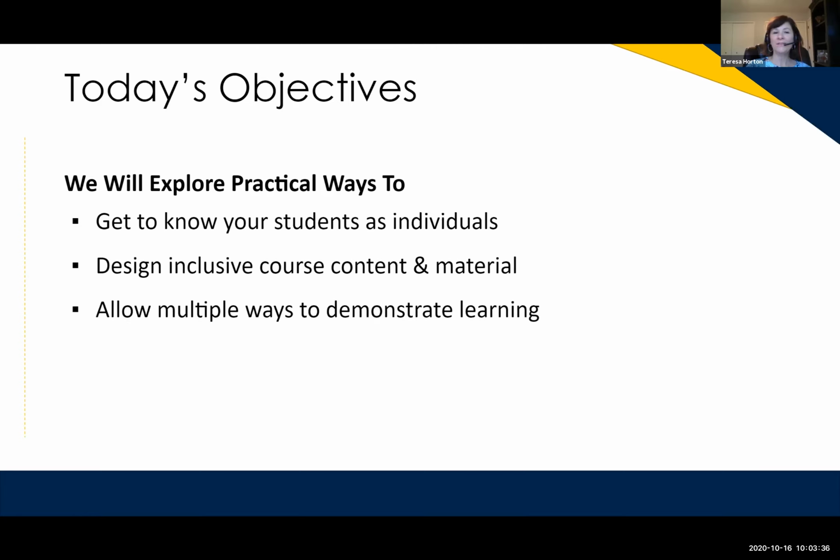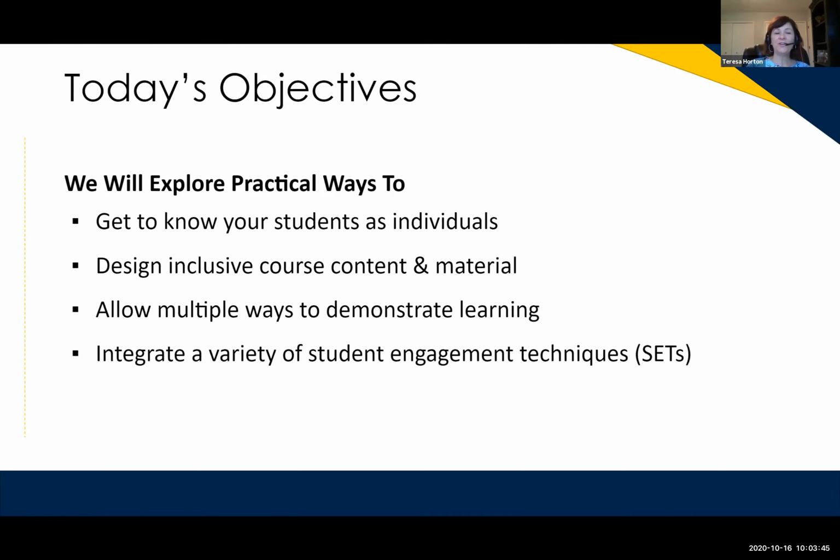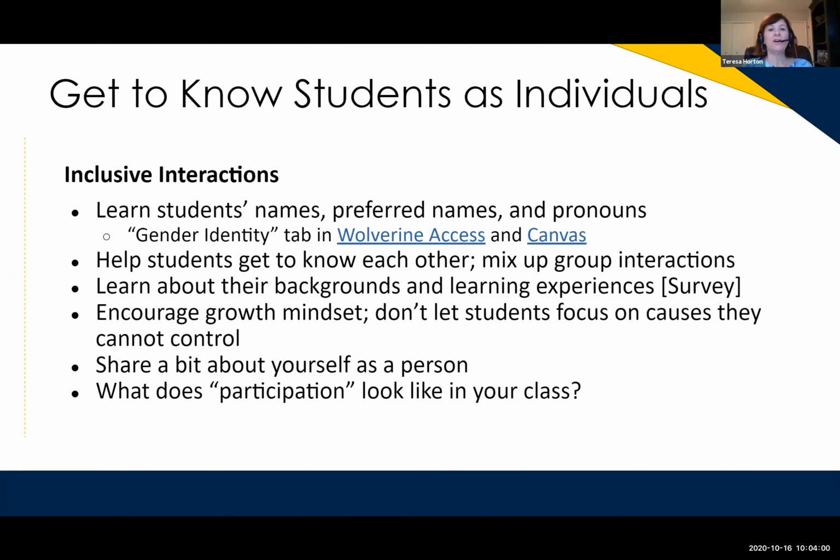And then we'll talk about some ways to give students more opportunities to demonstrate their understanding, different approaches to assessment, and then get you thinking about the student engagement techniques that you're using in your class, the activities that students do every day in your class, and whether or not those are inclusive and how you might do better in that way. So to get started, Phil's going to talk about why it's important to get to know your students as individuals.